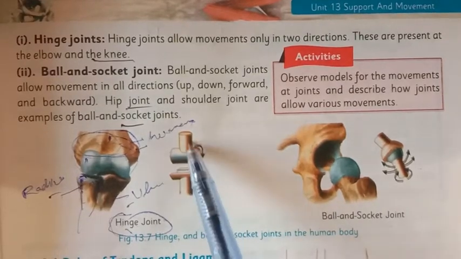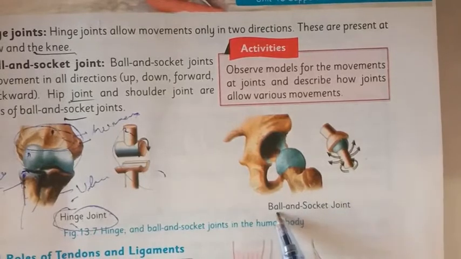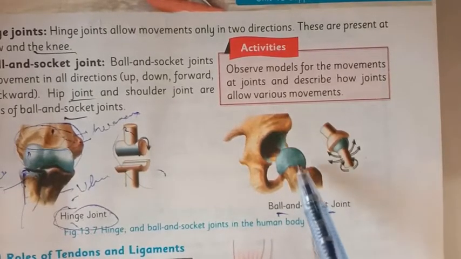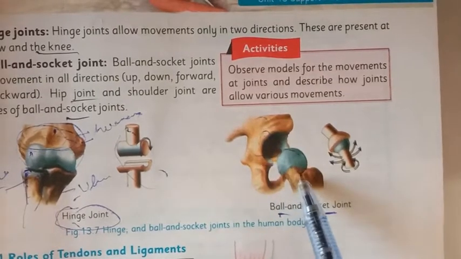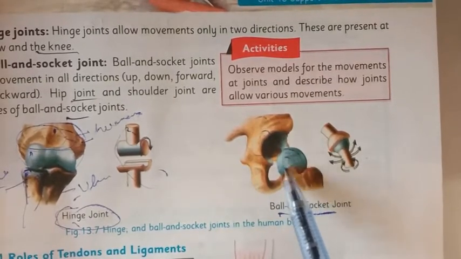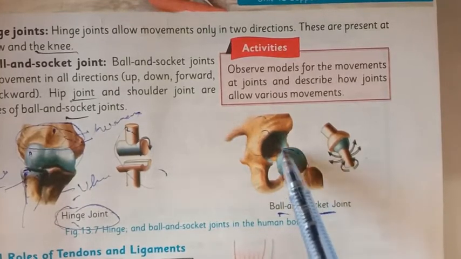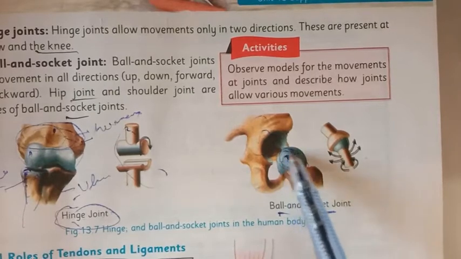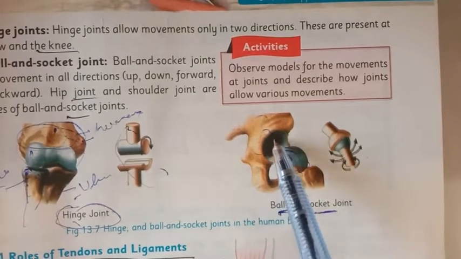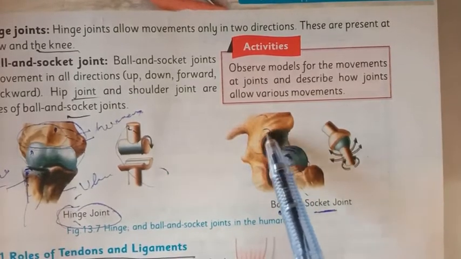And this is the structure of the ball and socket joint. This is the shoulder bone, and this is the upper end of the humerus bone. The upper part of the humerus forms a ball-like structure, and the shoulder bone or hip bone forms a cavity.